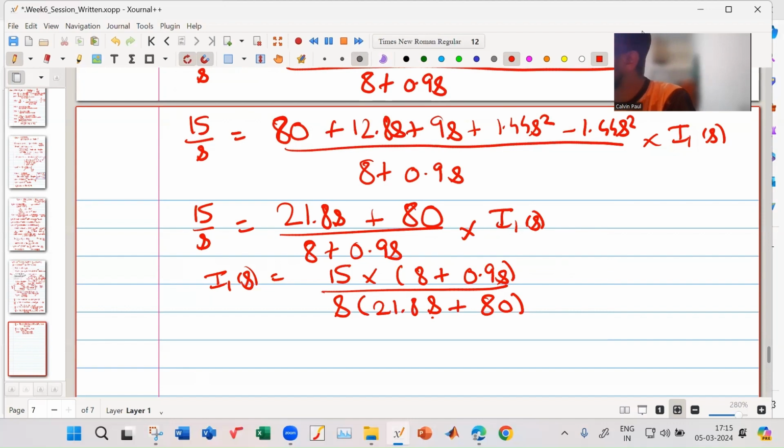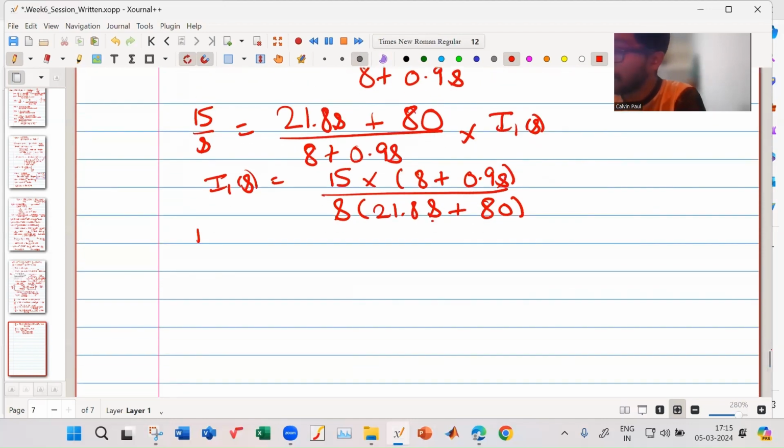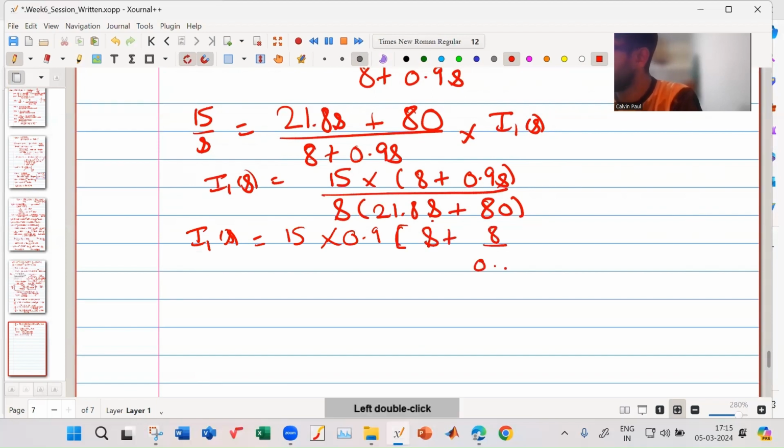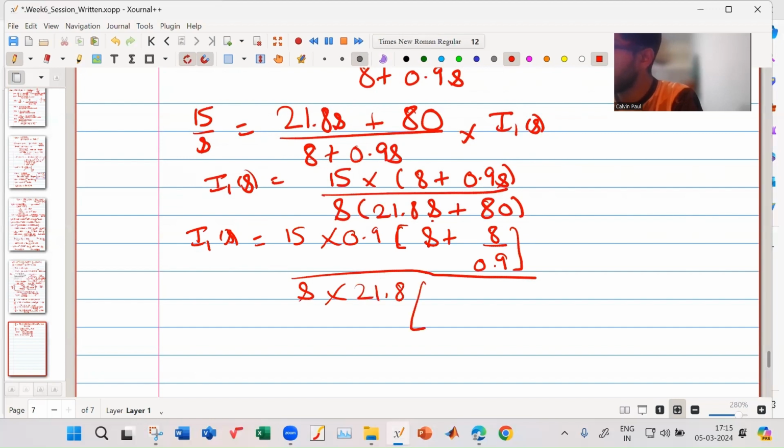It makes solving it simpler for me. So I1 of S is equal to 15. I will take 0.9 outside. So it becomes 15 into 0.9 into S plus 8 divided by 0.9, upon S into 21.8 into S plus 80 divided by 21.8.